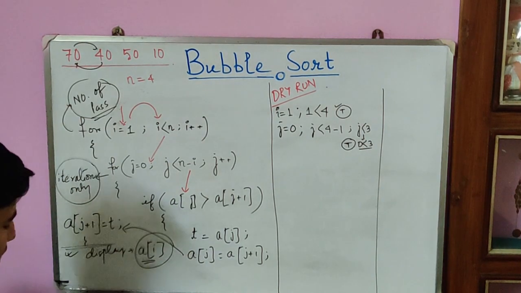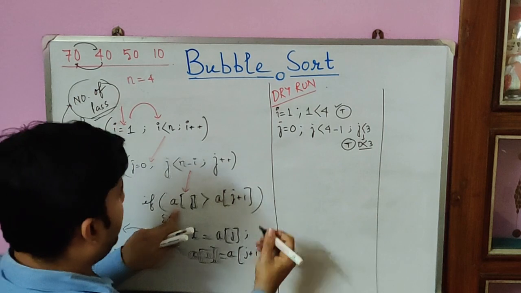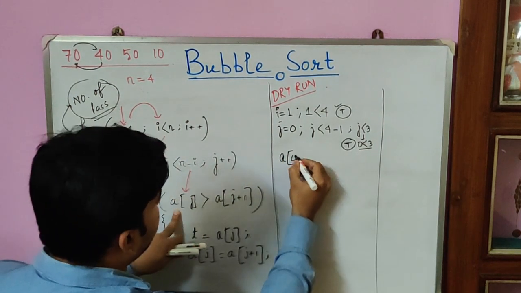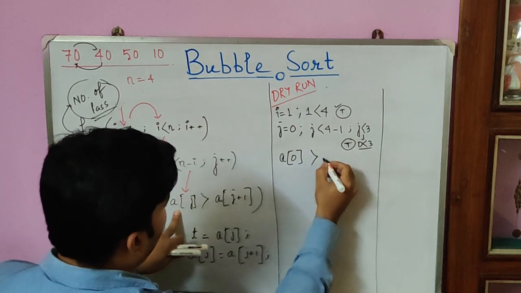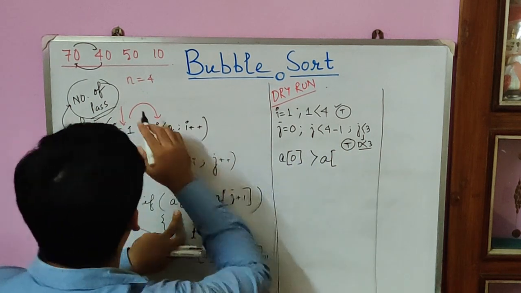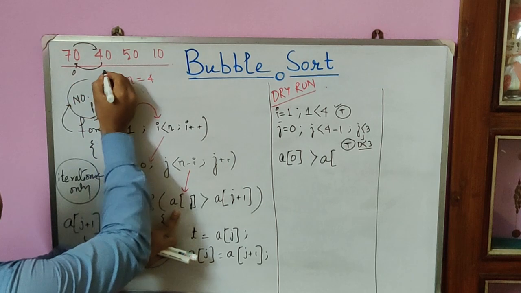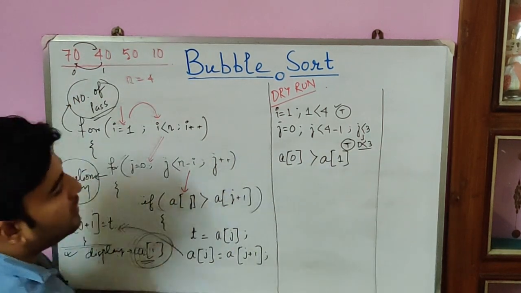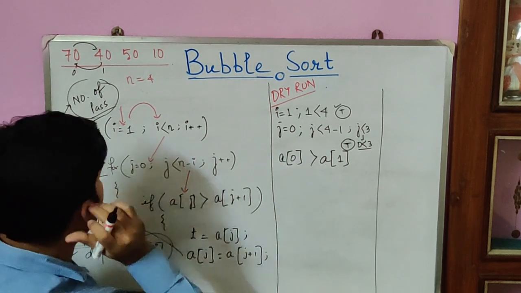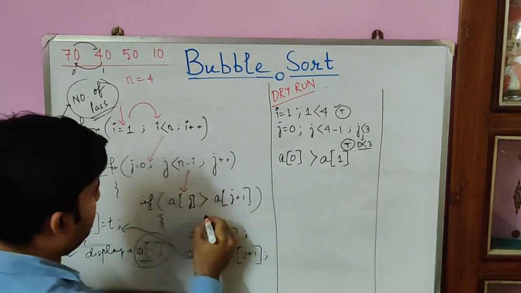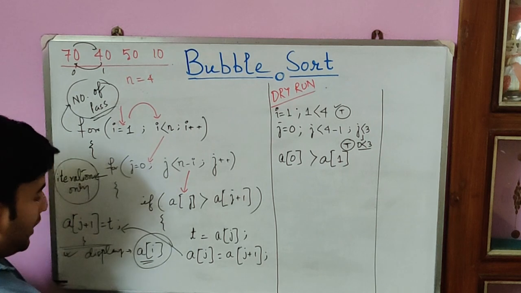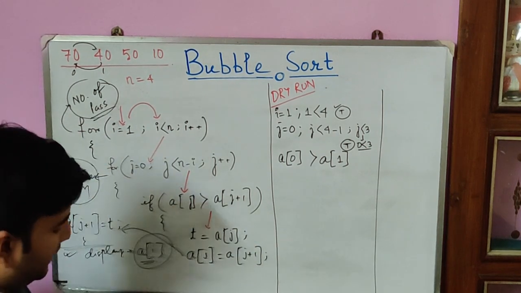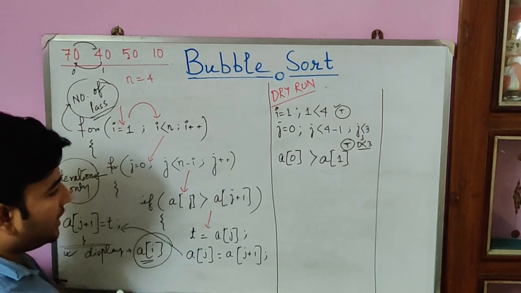So that means a of j, a of 0 is greater than a of j plus 1. What is the value of j plus 1? If j is 0, this is 1. So j plus 1 means a of 1. If a of 0 is greater than a of 1, then we need to perform our swapping operation. So in swapping operation, you can see temp is nothing.